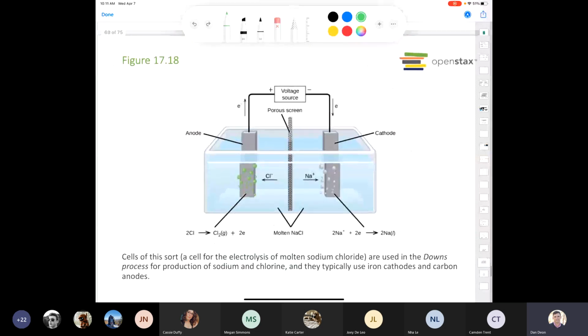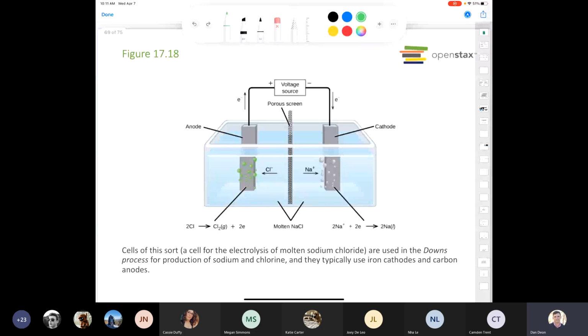This is a picture of what's called a Downs cell. And Mr. Dion is not the world's renowned expert on Downs cells, but a Downs cell is, again, a cell that's used to affect the electrolysis of molten sodium chloride.